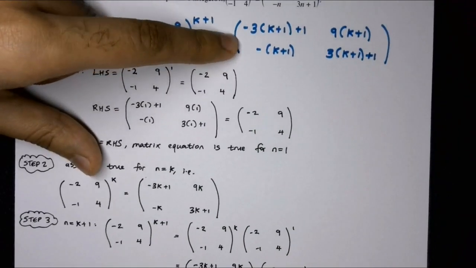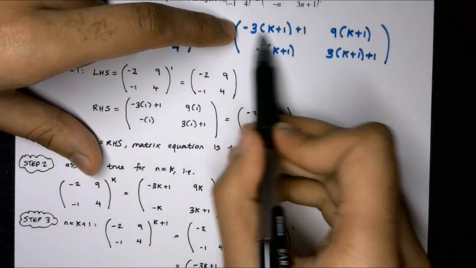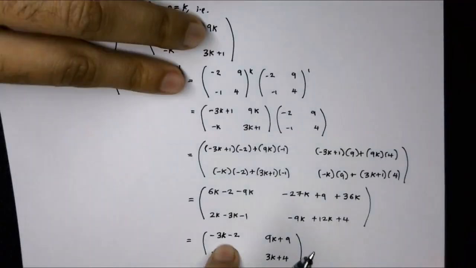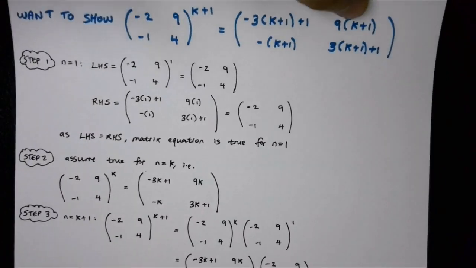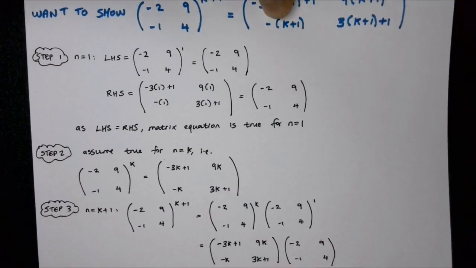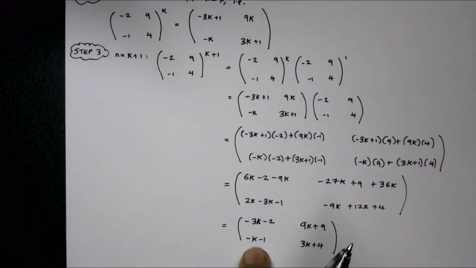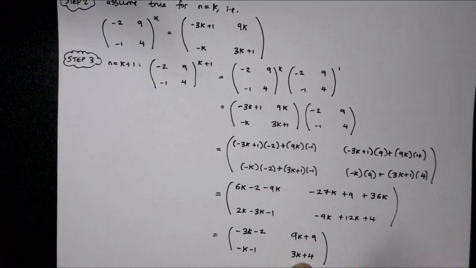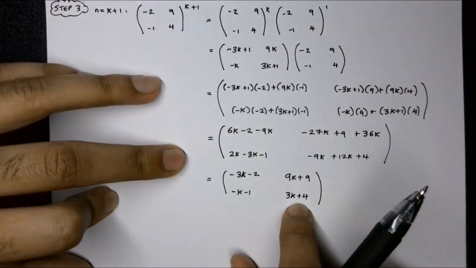Now, is this the same as this result here? Well, clearly it is, because if we expand this out, we get minus 3k, and then the minus 3 plus the 1, that's minus 2. So that's what we get in this element. Here, 9 lots of k plus 1, expanded out, that gets me that. Minus and then k plus 1, that gets me the minus k minus 1. And 3 lots of k plus 1 plus the extra 1, that's 3k plus 4. So we've got the right result over here.